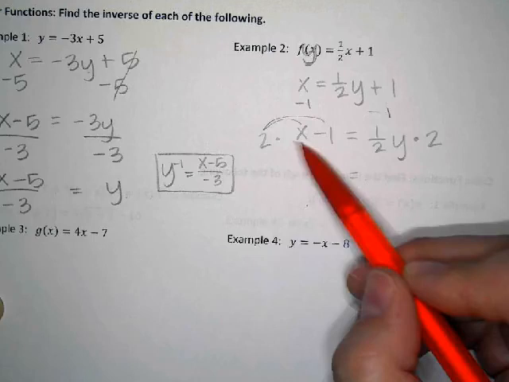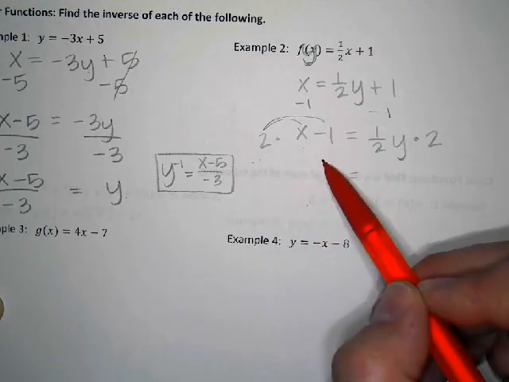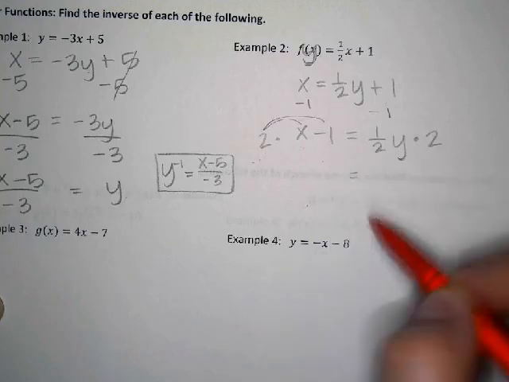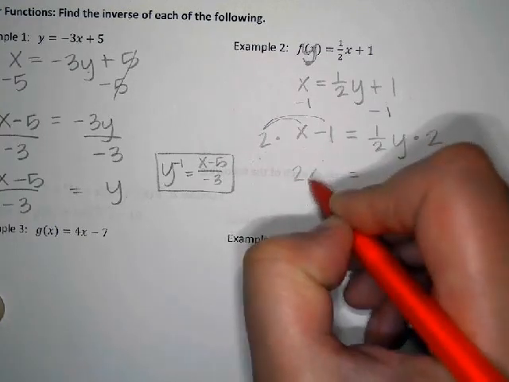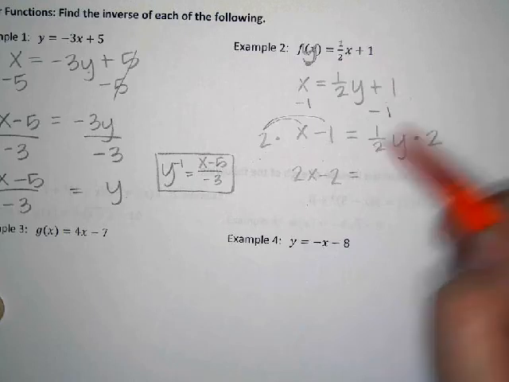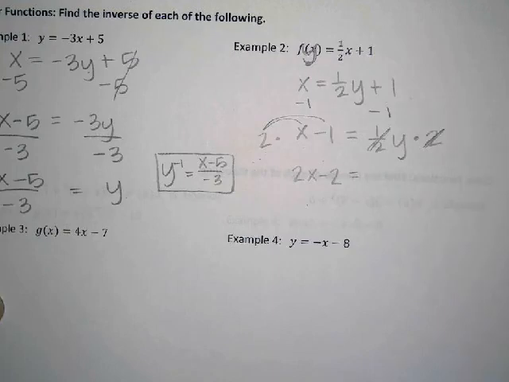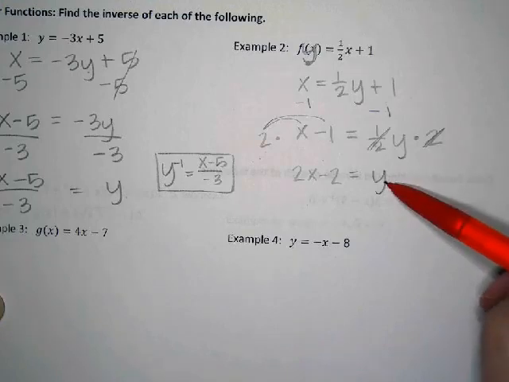If I take the 2 and multiply it by everything, what do I get? I get 2x minus 2. Now, the 2 and the 1/2 canceled out, right? 2 times 1/2 is just 1. It made the 1/2 disappear. And my y is all alone. And since I solved for y, this is the inverse.